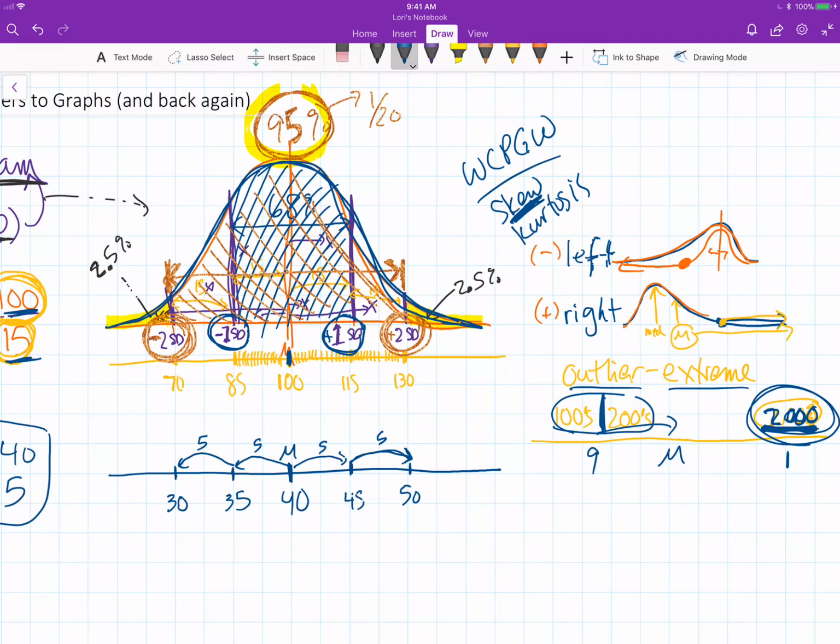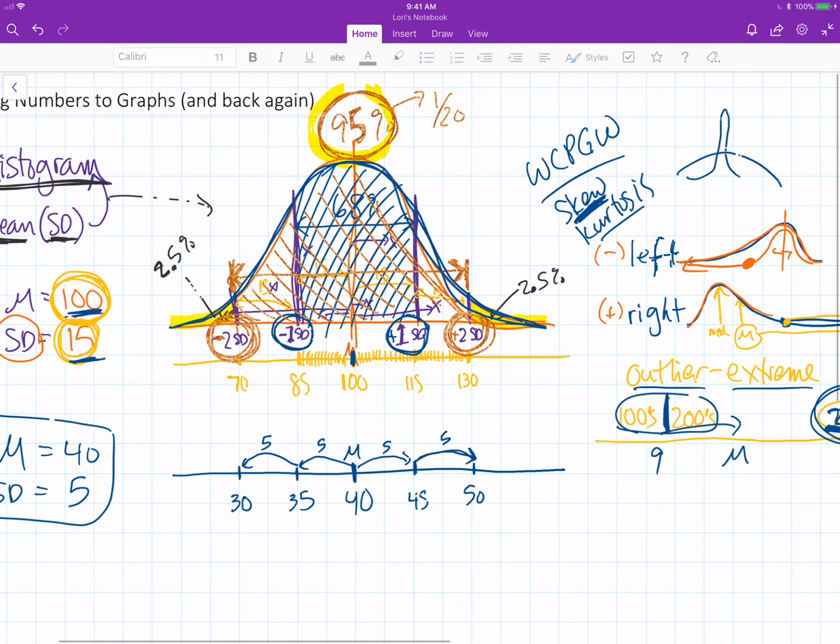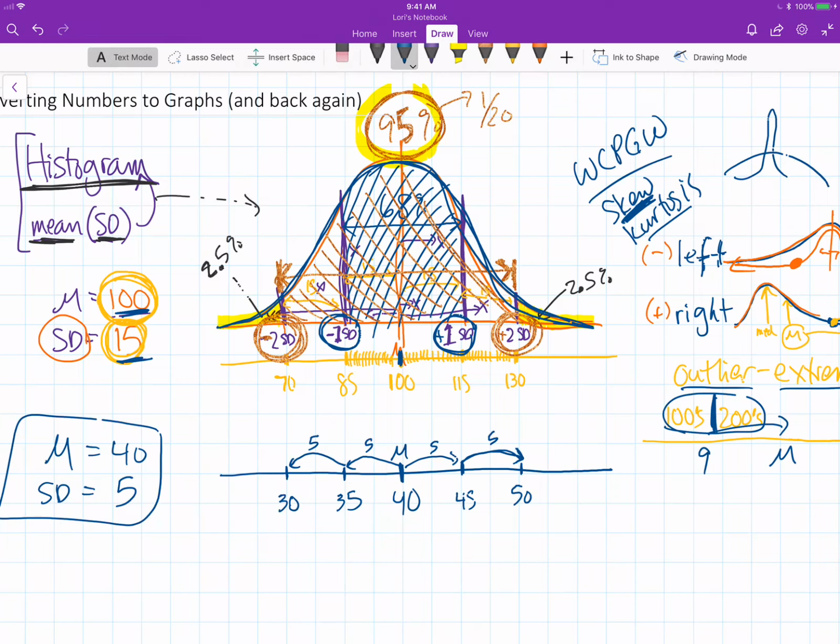So when you have these situations where you have skew or kurtosis, where it's either super pointy or super flat, the mean and standard deviation do not do justice to accurately describe the actual shape of that particular sample.